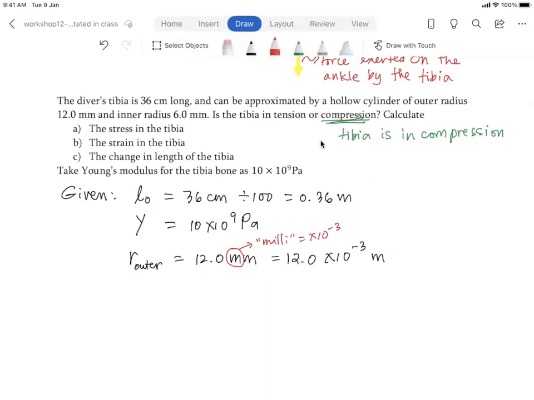If you expand out that scientific notation into a number, you'll have the outer radius in meters to be 0.012 meters. And the inner radius of the bone is 6.0 millimeters. Again, we convert that to meters. You can either divide by 1,000 or expand out the prefix milli to times 10 to the minus 3 and express that as a number, and you get 0.006 meters, equivalent to 6 millimeters.